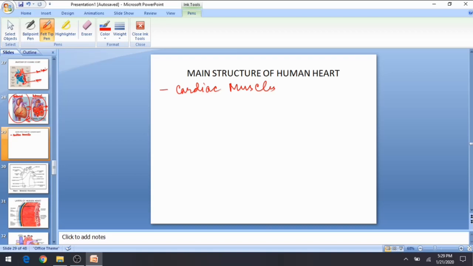If you understand the internal structure fully, it becomes very easy for you to understand the proper function of the heart. Internally, as I mentioned, the human heart is four-chambered. So it involves the right atrium, right ventricle, left atrium, left ventricle.